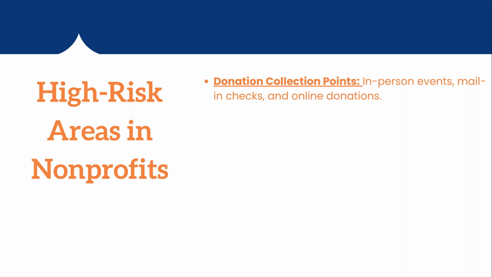Mailed-in checks and online donations are all at risk for being misappropriated. Mailed-in checks could be either altered or cashed and then the money pocketed. It's very critical that you track all of these.